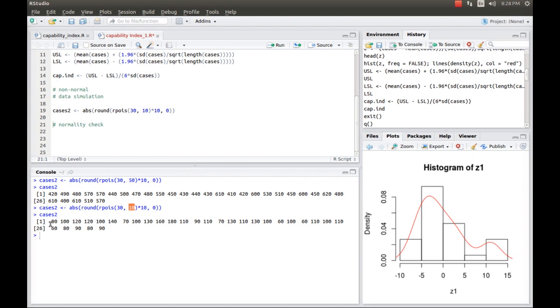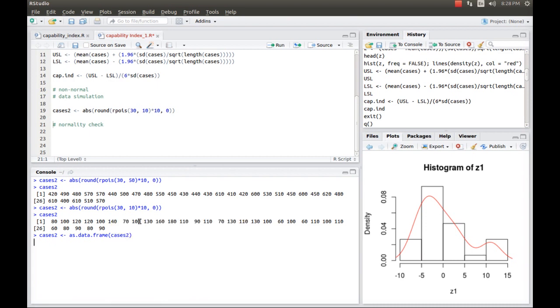I'm just trying to make my data comfortable for the analysis, but your case will be different. You will be having the real-time data, but the data will be more or less the same. Let me convert it into a data frame, and let us try to understand more about cases 2 as a data frame.